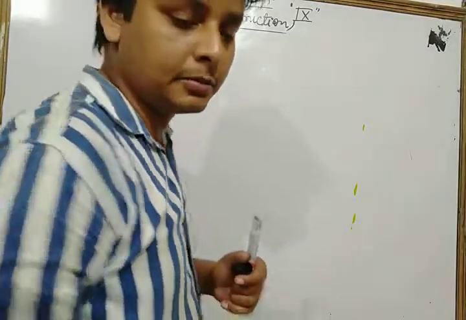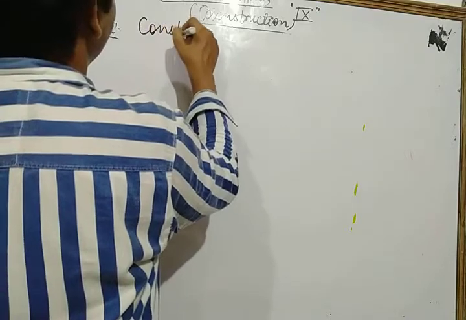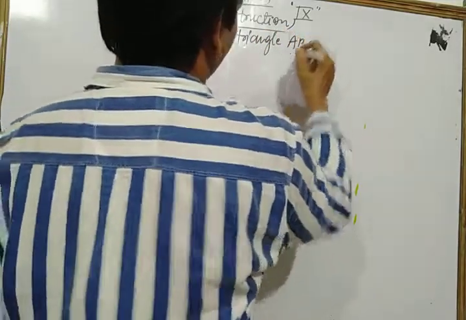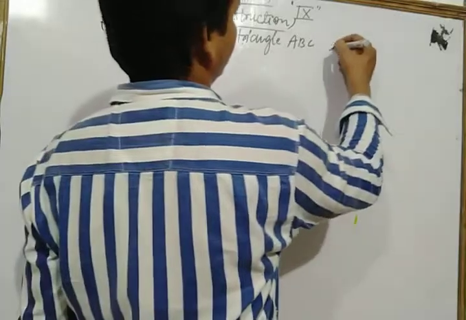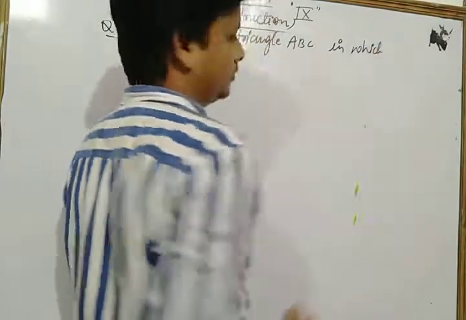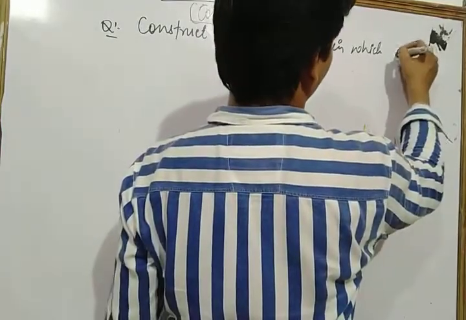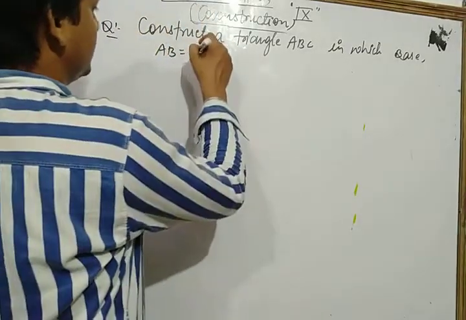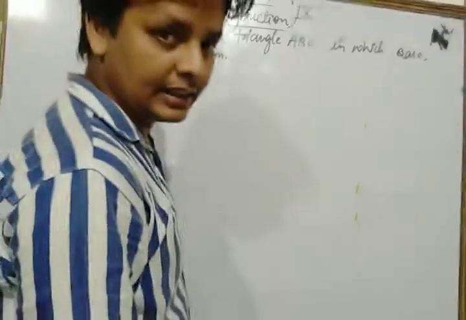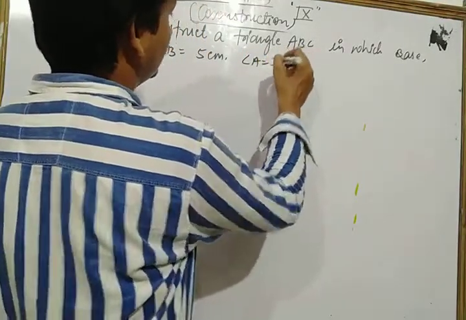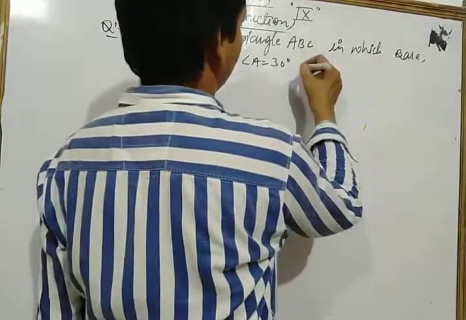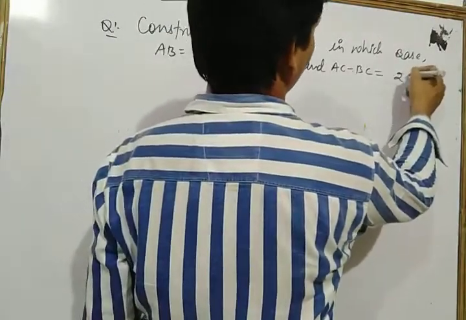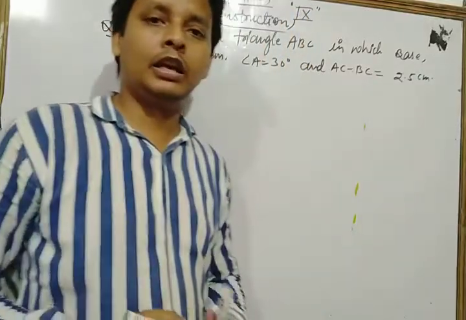Your question is: construct a triangle ABC in which base AB is equal to 5 centimeter, angle A is equal to 30 degree, and AC minus BC is equal to 2.5 centimeter.